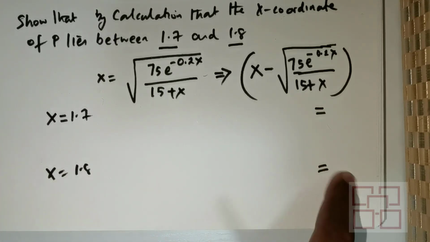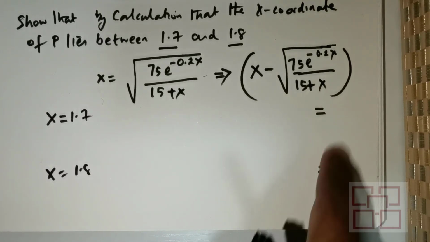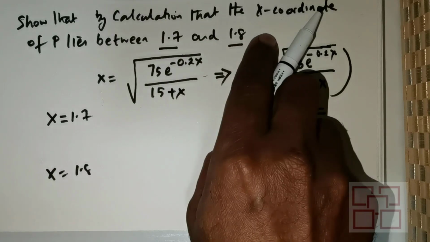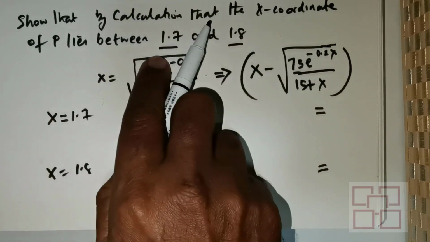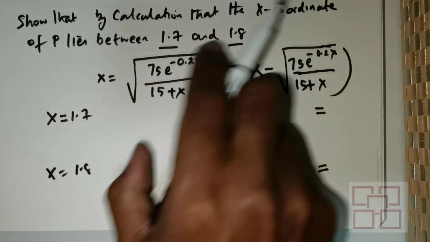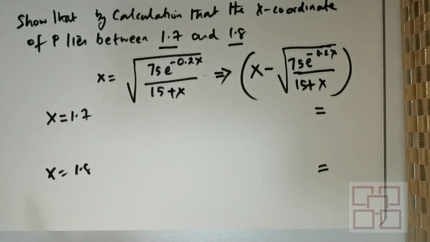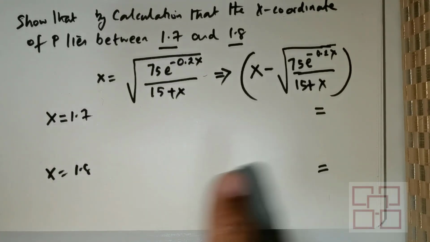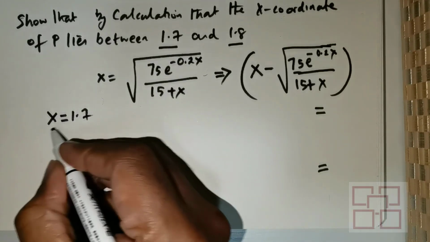The signs should be different. If the signs are different, then we can surely conclude that the x-coordinate of P lies between 1.7 and 1.8. To say it differently, the signs should not be the same. So that is the check that we are going to do now.